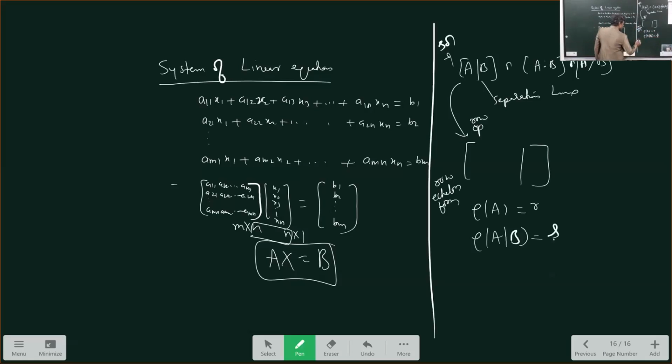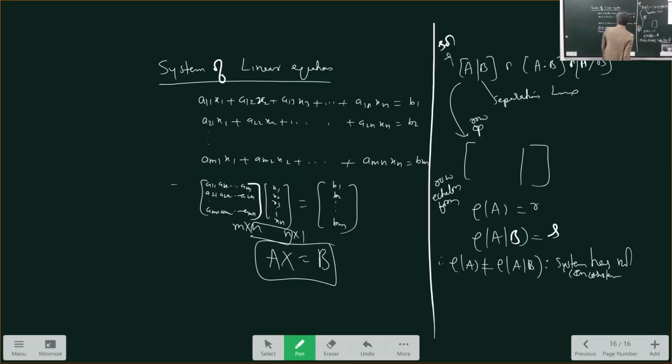Then we have three cases. If the rank of A is not equal to the rank of the augmented matrix, we say that the system has no solution, or the system is said to be inconsistent.